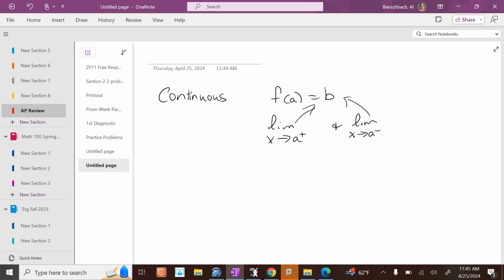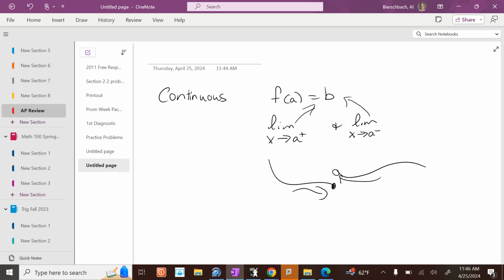If you have a limit where this one is different than this one, then it's not a continuous function. Because you could have something like this, where every point has a point, but this limit going this way and this limit going this way are different numbers, so it's not continuous.